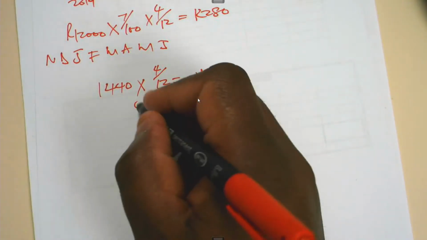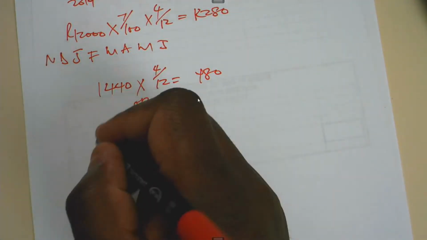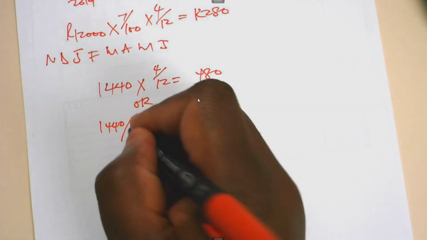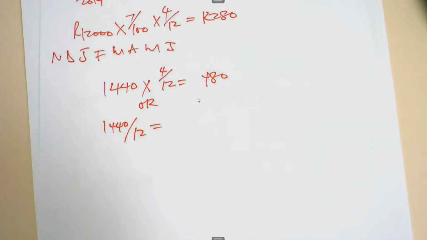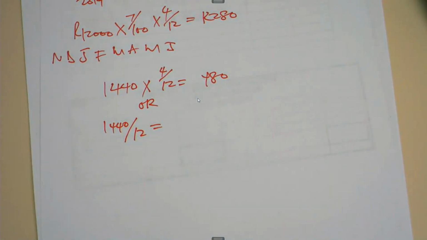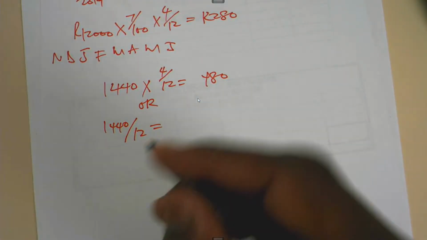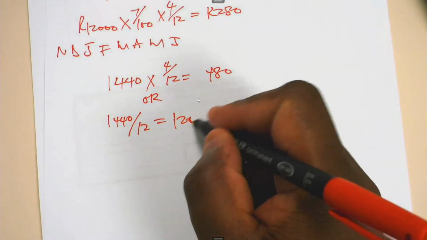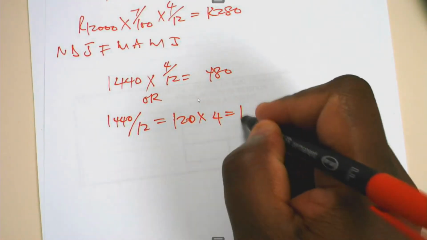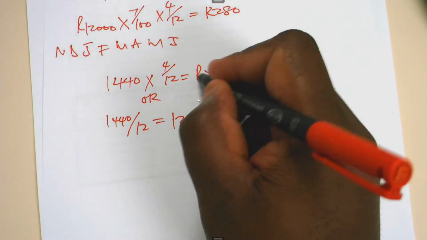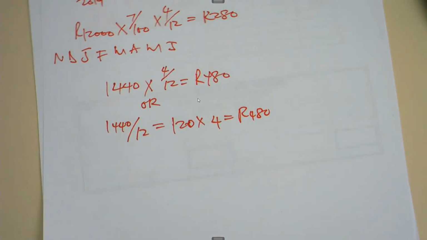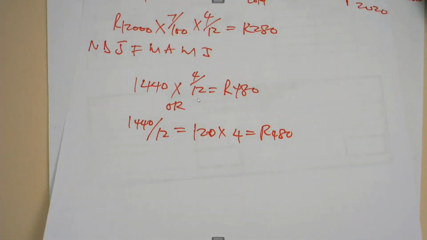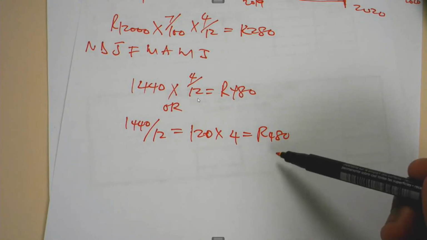Or alternatively, you can just divide 1,440 by 12, which gives 120, and then multiply by 4. It will give you 480. So the insurance was prepaid for 480.